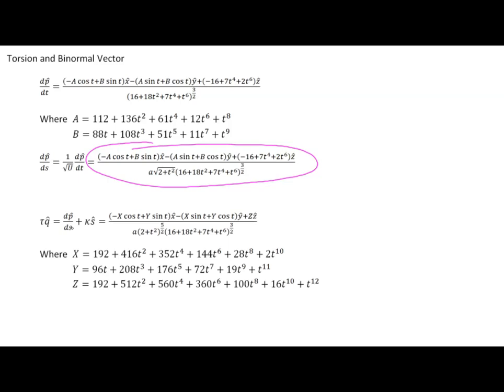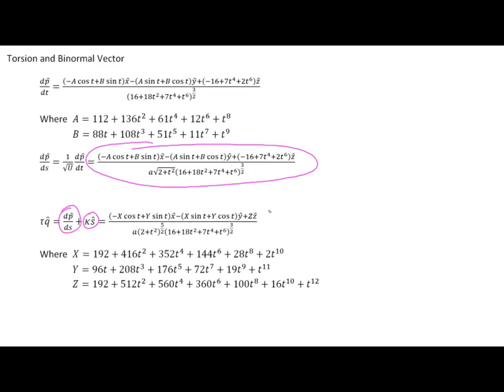So again, we've taken the product of the curvature and the unit tangent vector, added that product to the derivative of p hat with respect to s. Now that involves a lot of algebra. You have to do some multiplication, collection of terms, find a common denominator. Again, you have to do some multiplication, collection of terms.